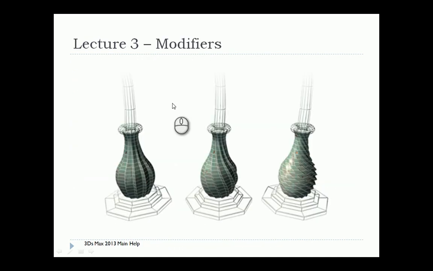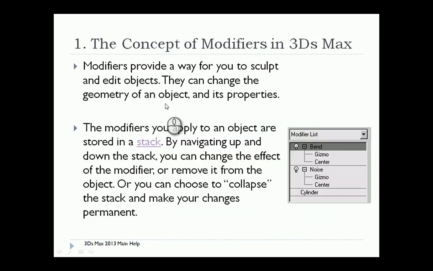So modifiers are a very interesting and very important topic in 3D Studio Max, and they provide us with lots of ability to change, to move, to store information, and change the physical aspects of a building. They are a very important topic in the process of any type of modeling inside 3D Studio Max.